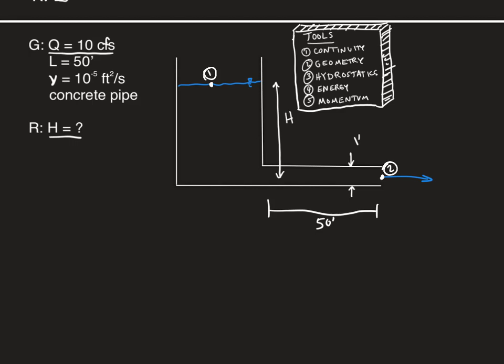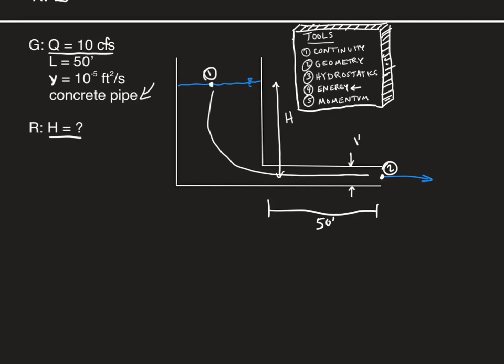All of that potential energy is converted as it flows through here into velocity at 2, but some of it is lost to head loss. Looking at our tools, the most obvious one to use here is the energy equation, among other reasons because they tell us it's a concrete pipe. They're asking us to deal with that. So how much energy are we going to lose? We're going to have to get into that.